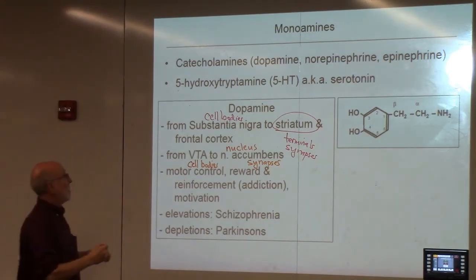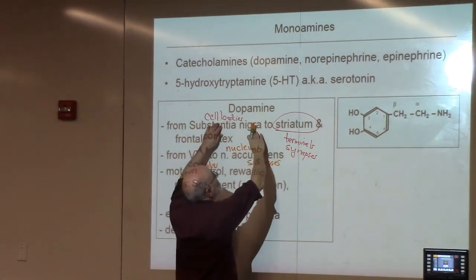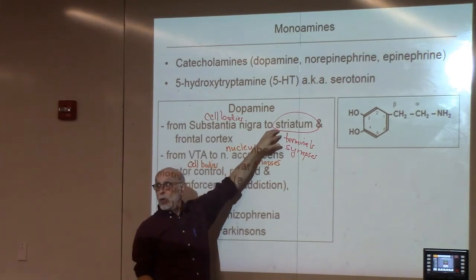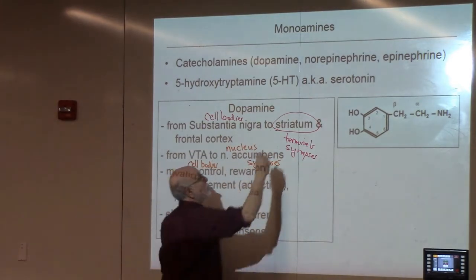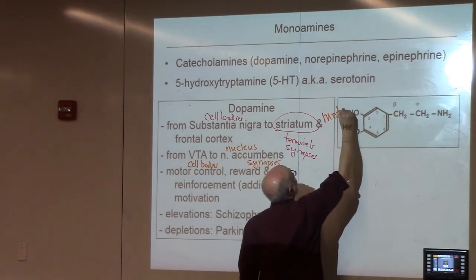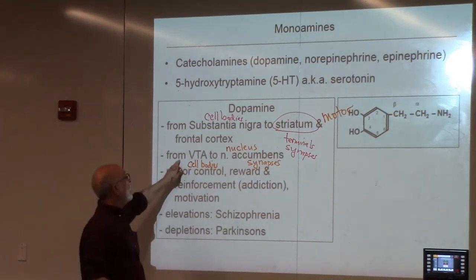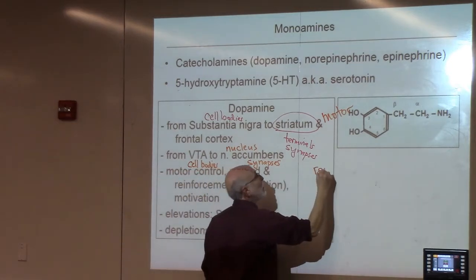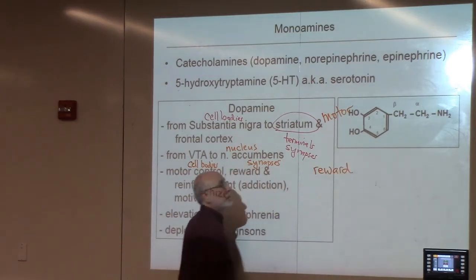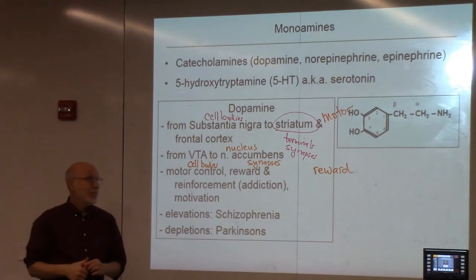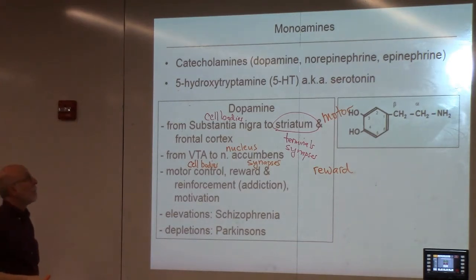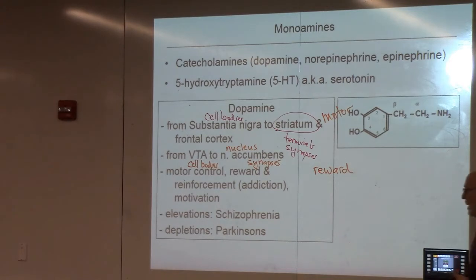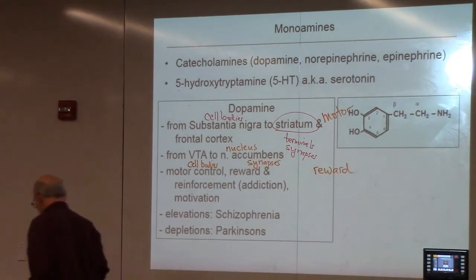And this pathway from the substantia nigra to the striatum is important in motor control, and this pathway from the VTA to the nucleus accumbens is important for reward in addiction. That's information that I could expect you to understand or tell me about.